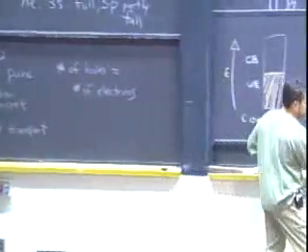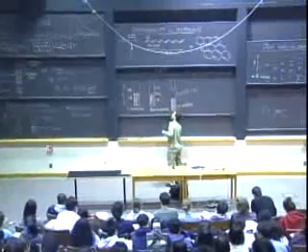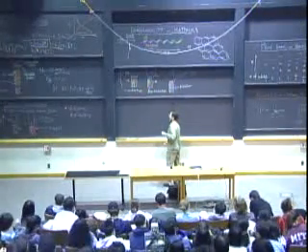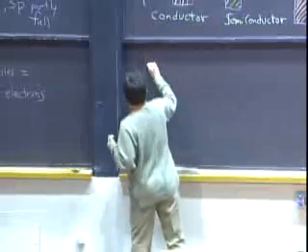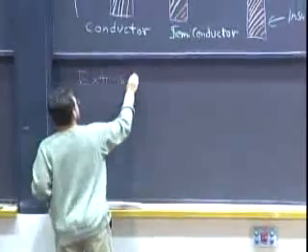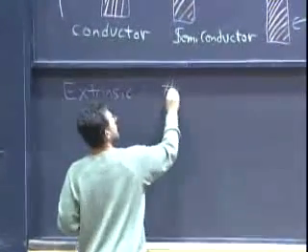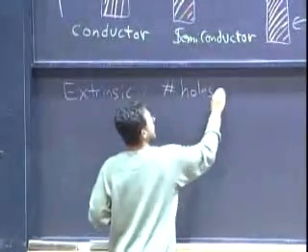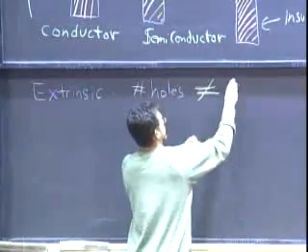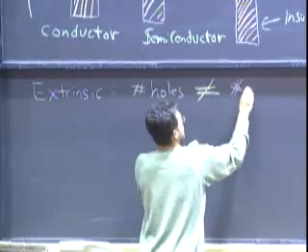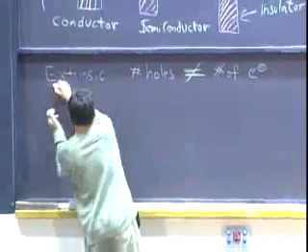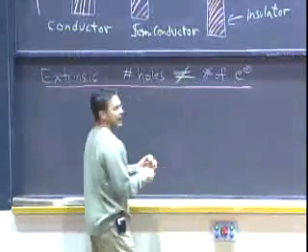Okay, and you might begin to suspect that for an extrinsic semiconductor, the number of holes does not equal the number of electrons. Okay, so how does that work?